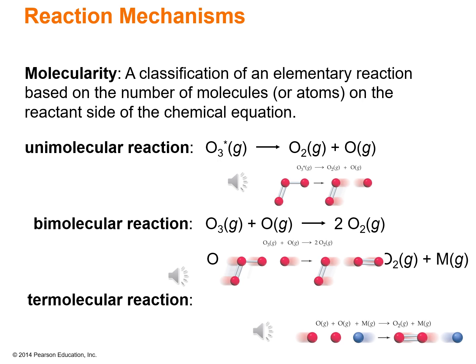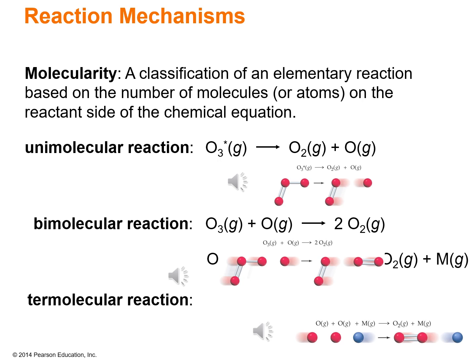A unimolecular reaction is going to be an elementary reaction that involves a single reactant molecule. For example, in our example here, we see ozone yielding oxygen plus oxygen. A bimolecular reaction is an elementary reaction that results from an energetic collision between two reactant atoms or molecules. In the upper atmosphere, you can see something like this occurring with an ozone molecule reacting with an oxygen atom to give you two oxygen molecules.